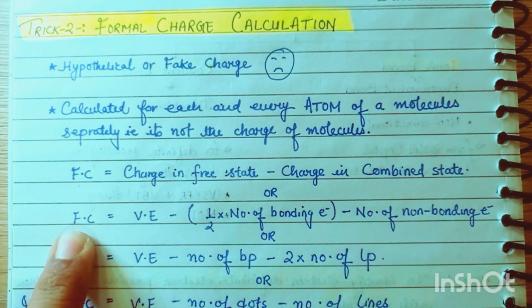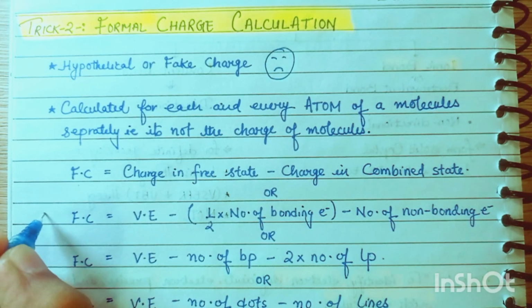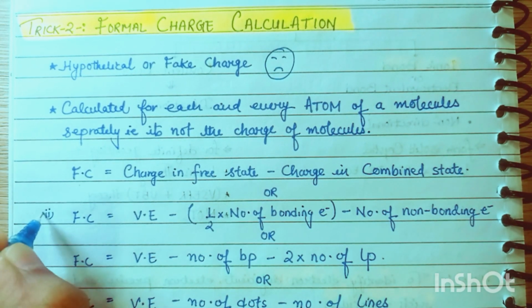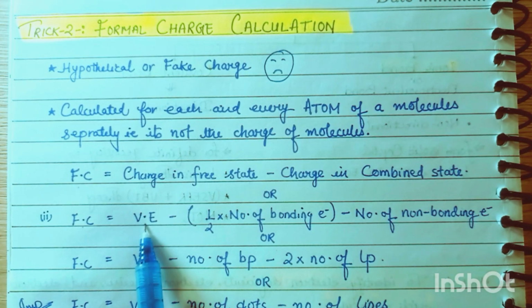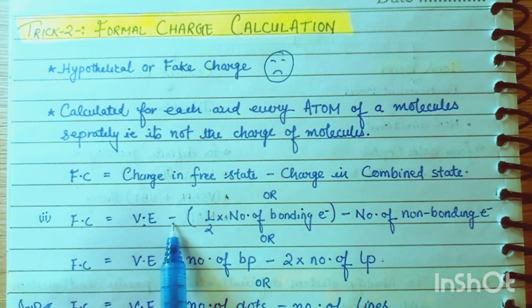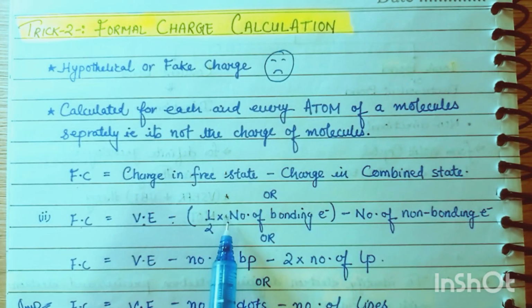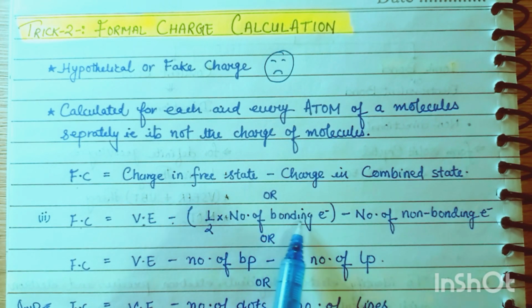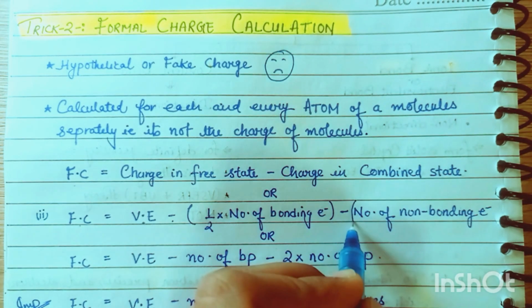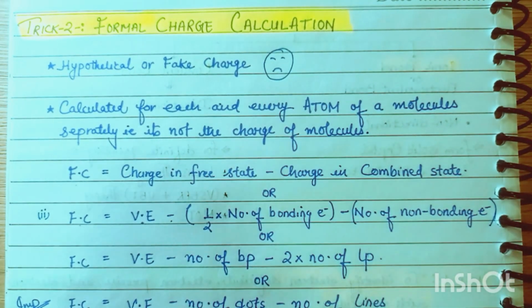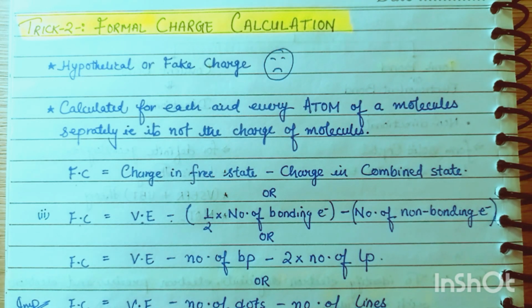The second formula to calculate the formal charge is: formal charge equals VE, the valence electrons, minus 1 by 2 into the number of bonding electrons, minus the number of non-bonding electrons. I think you know bonding and non-bonding electrons. Bonding electrons are those electrons that are used for bond formation, while non-bonding electrons are not used for bond formation.